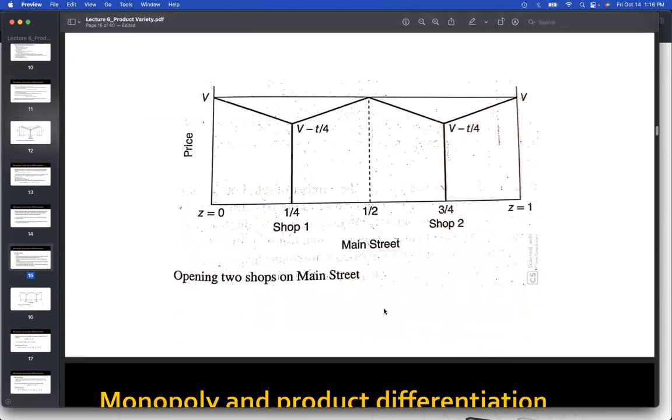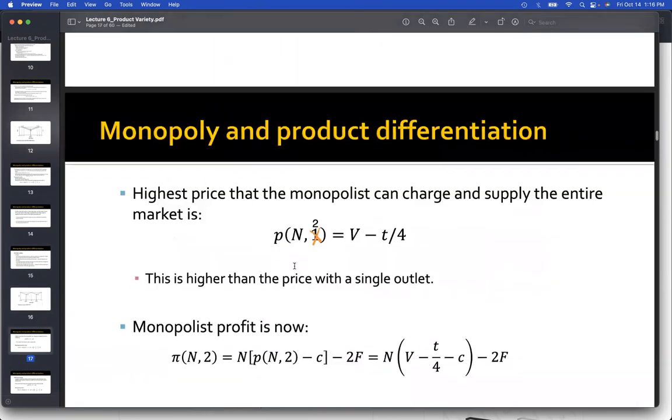So the crucial thing here is, what happens to the price? Well, because X is now 1/4 instead of 1/2, or X1, remember the indifference condition, X1. V minus T over 4, it's T over 4 now. So compare that to when there's one store. V minus T over 4, compare that to V minus T over 2.